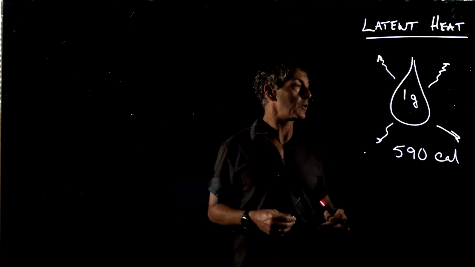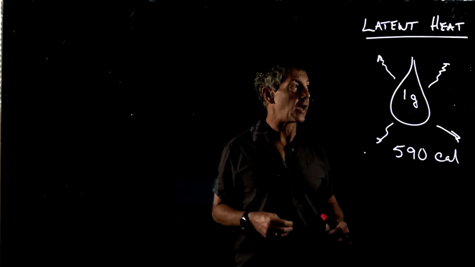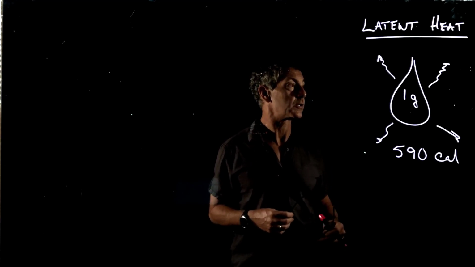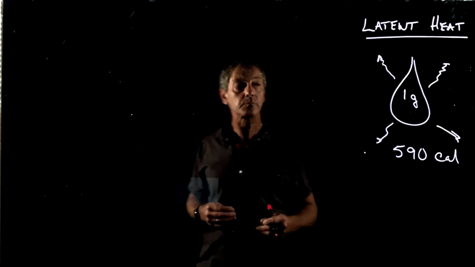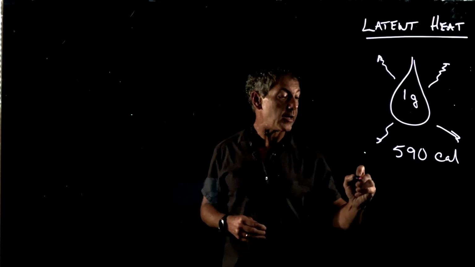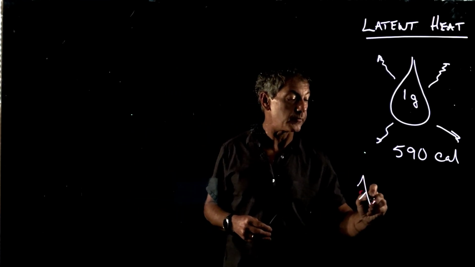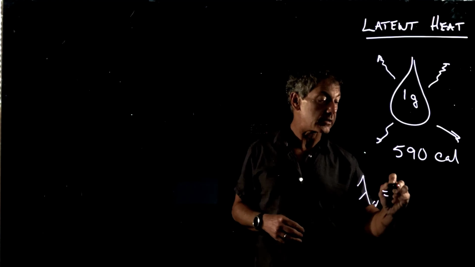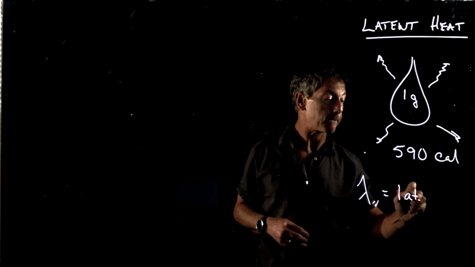So we're not really working much with calories in this class. We want to work with kilograms. So we have to talk about another parameter, and we're going to call this lambda sub V, and this is the latent heat of vaporization.